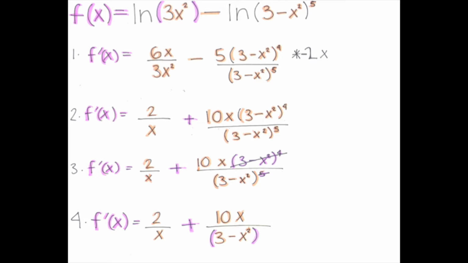So the answer for the numerator is 10x times (3 minus x squared) to the fourth. And now that we have the u prime, we need to divide it by the original u, that is (3 minus x squared) in parentheses to the fifth power. So if we divide it, the answer will be 10x divided by 3 minus x squared.